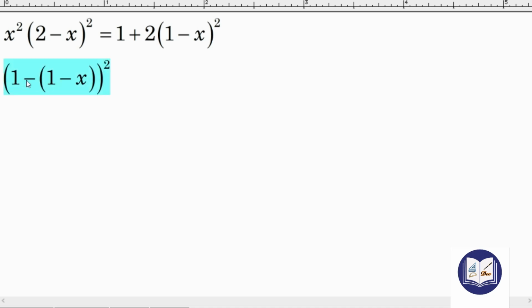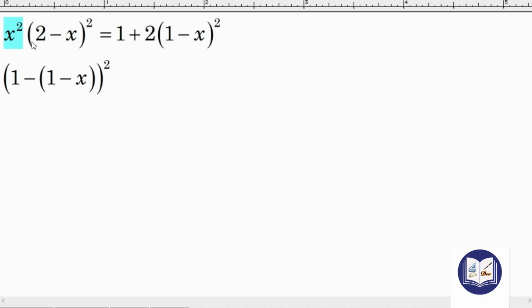Okay, so here it is still equal to x squared. When we delete the bracket we will get 1 minus 1 plus x, which is still equal to x squared.